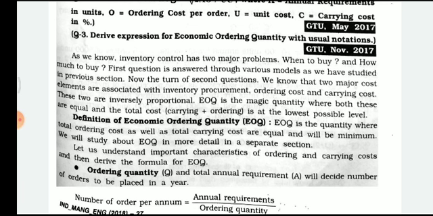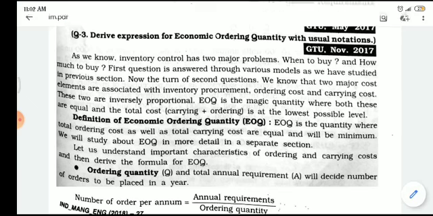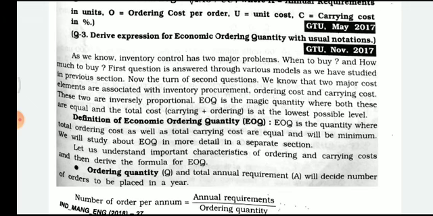So, defining here the economical ordering quantity: EOQ is the quantity where total ordering cost as well as total carrying cost are equal and will be the minimum. Once again, it is the quantity where total ordering cost and total carrying cost are equal and will be the minimum.